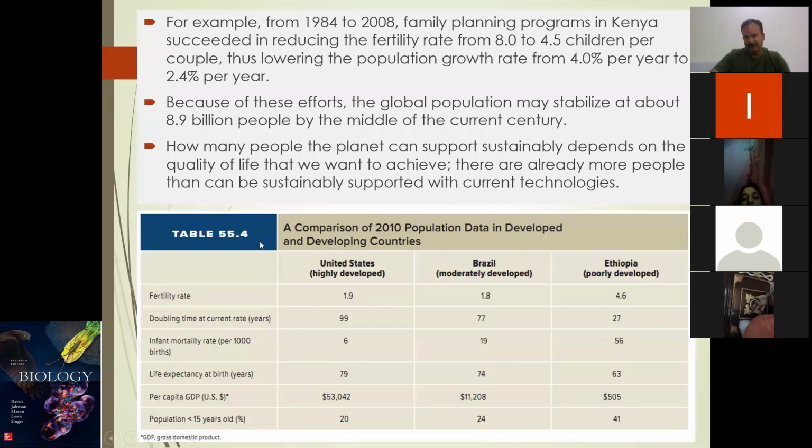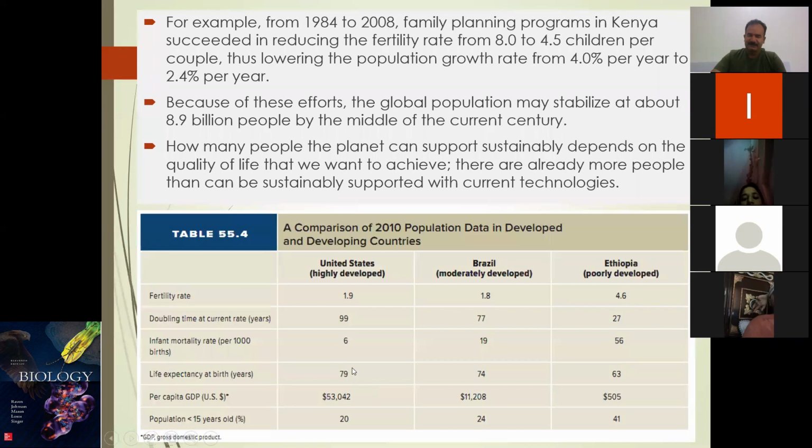This table makes a comparison of the United States, Brazil, and Ethiopia. Fertility rate is 1.9 in United States, 1.8 in Brazil, and 4.6 in Ethiopia. These three countries belong to different economic classes. Infant mortality rate is 6 in United States and 56 in Ethiopia. It means in Ethiopia it is quite alarming.